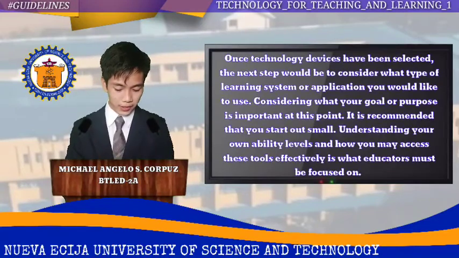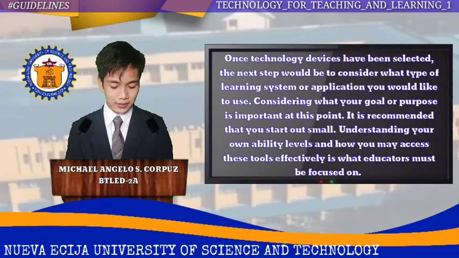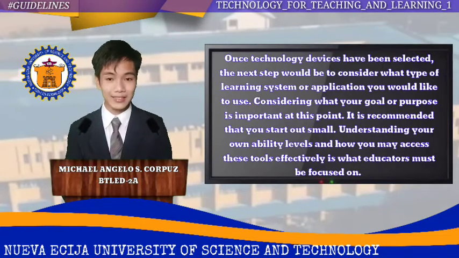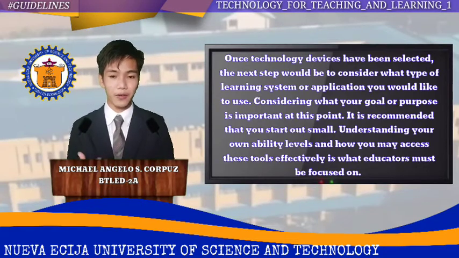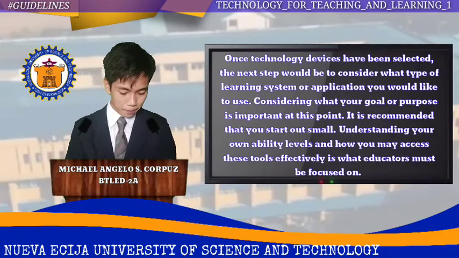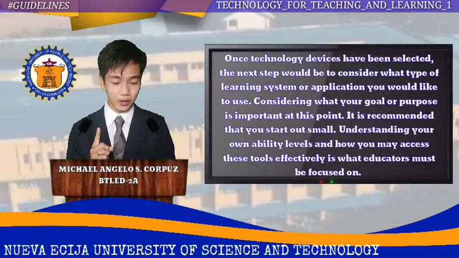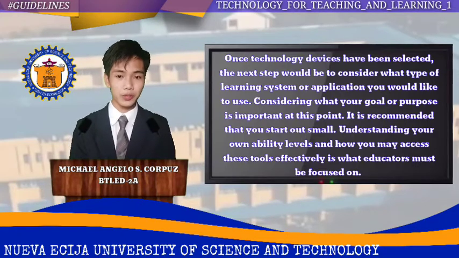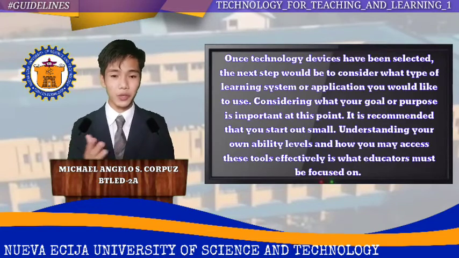Once technology devices have been selected, the next step would be to consider what type of learning system or application you would like to use. Considering what your goal or purpose is important at this point. When we have the idea or plan of what technology we will use, we're going to consider the goal and purpose of the application we use.